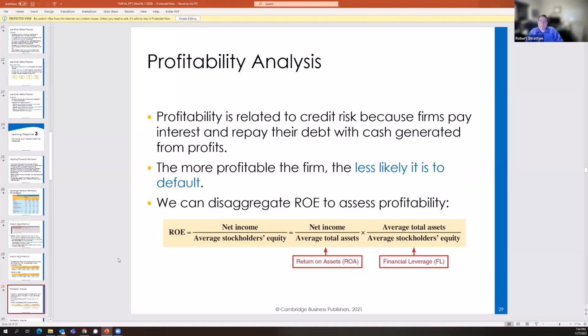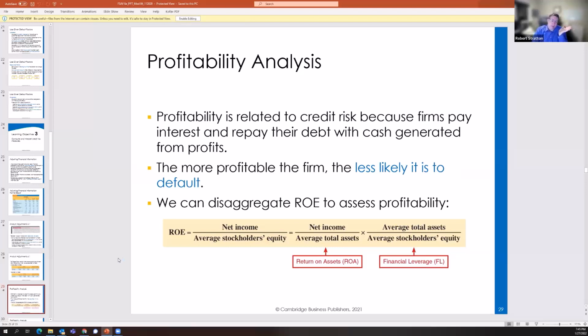Okay, so then the profitability analysis. Once you've adjusted, if the adjustment needs to happen, you can do some profitability analysis. And why do you care about profitability? If we're talking about credit risk, because you need to know if they can pay the loan back. And if they're profitable, that's the biggest indicator.